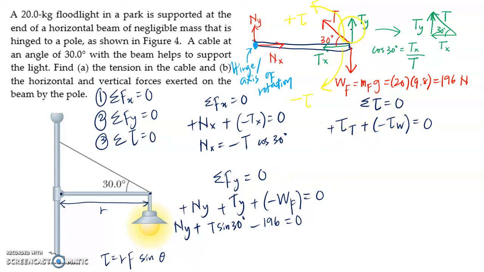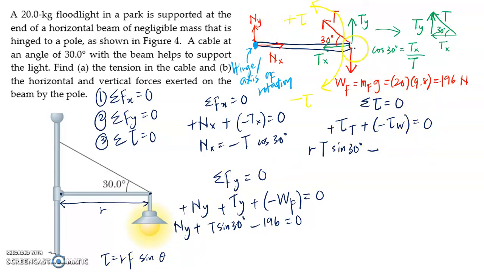So for the first one, the torque produced by the tension here, the total length is not given, so we're just going to put this unknown r, and then multiply with the tension and sine 30 degrees, minus, again we start with the moment arm.